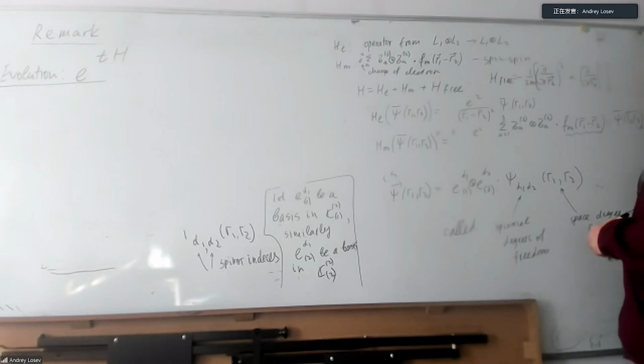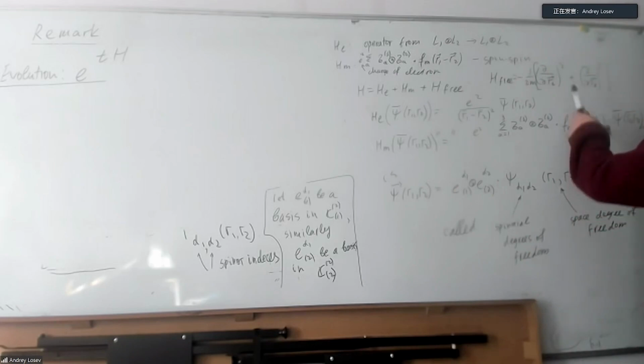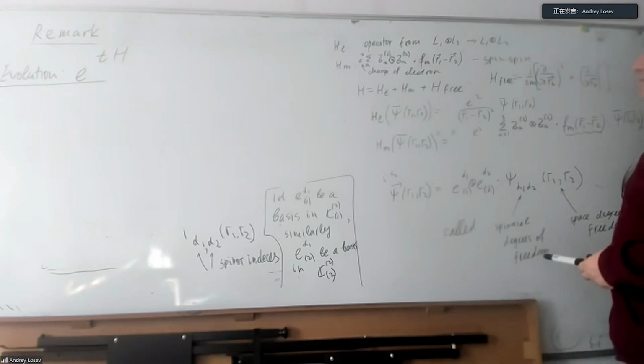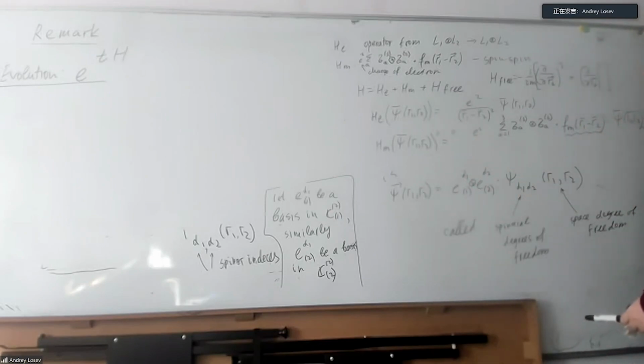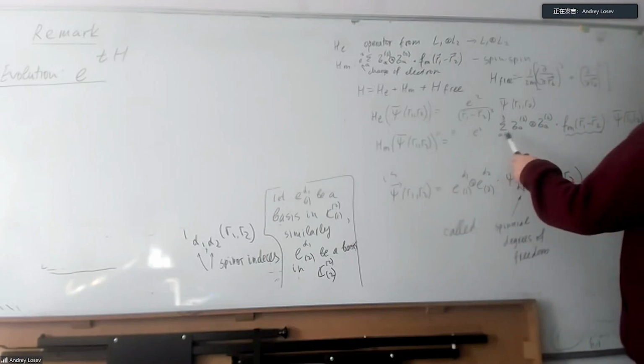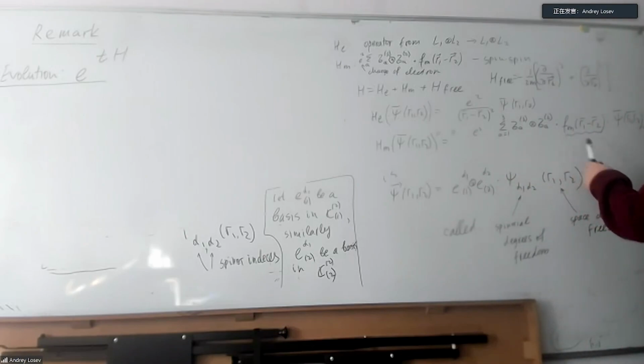So now I completed the example. So this corresponds to free motion of electrons. This corresponds to electric exchange, and this corresponds to magnetic exchange.